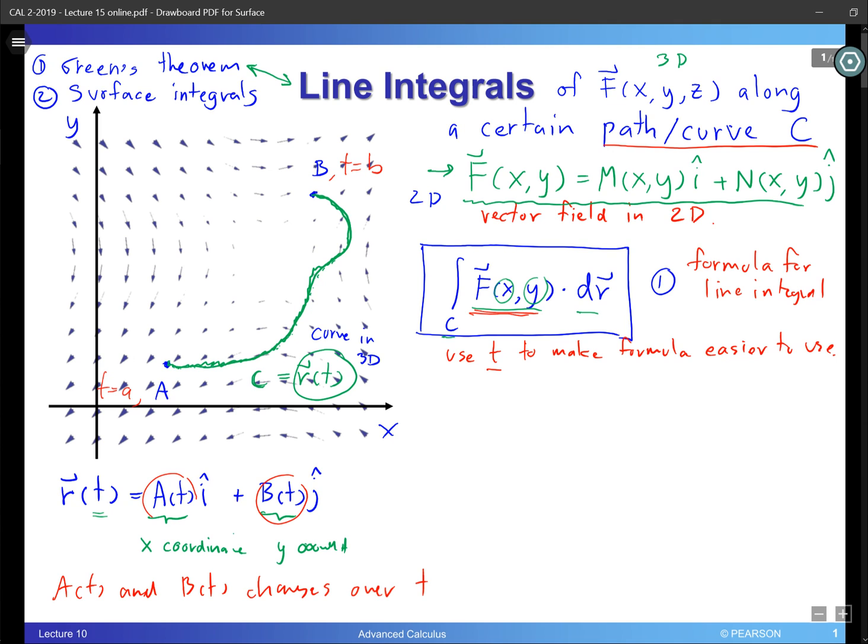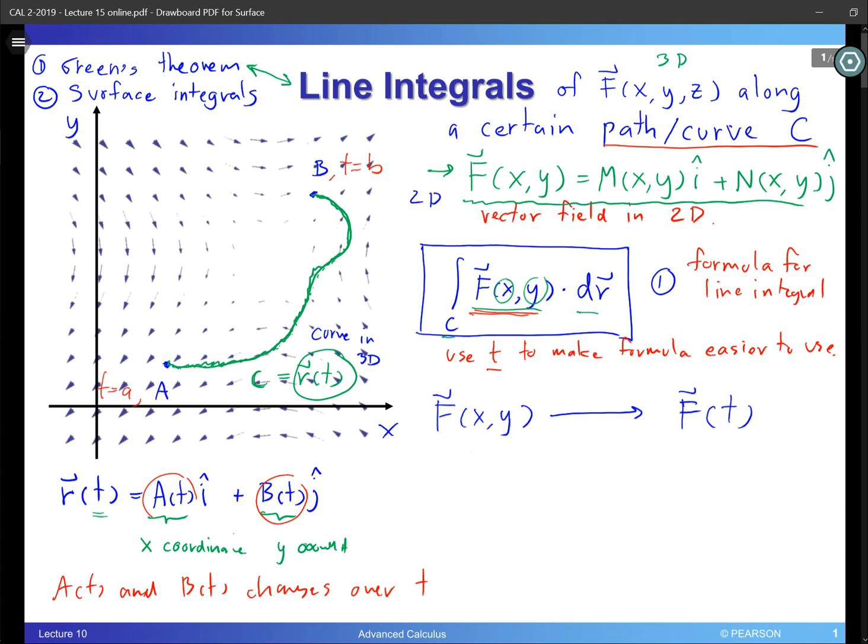Our job is to change this to make it depend on t. This f of x, y is not going to go well with the variable t that we introduced. So we have to find a way to change this into a vector field that depends on time.